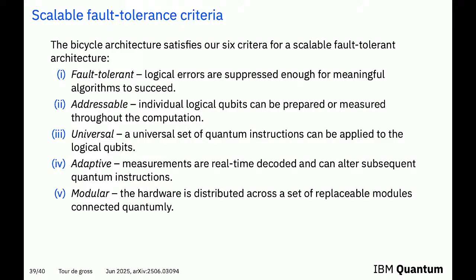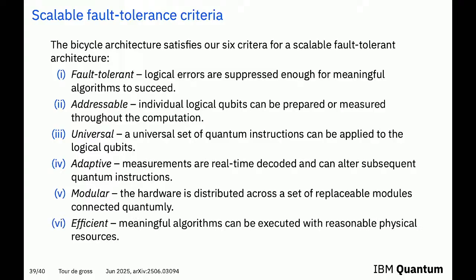So if you fabricate some faulty chip, with some probability, out of many of these chips you will succeed, eventually, in fabricating an architecture. And this all comes down to that the architecture is sufficient in that we can execute meaningful algorithms with reasonable physical resources.